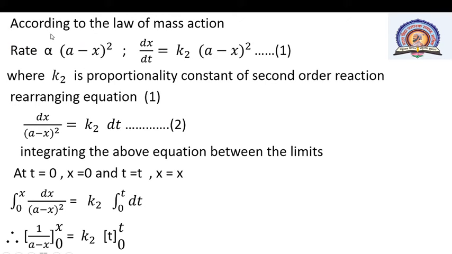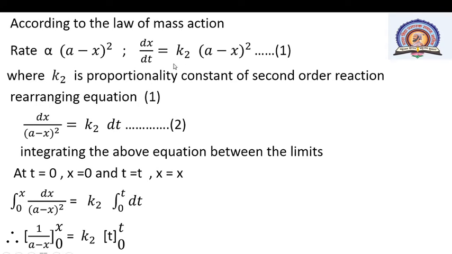According to the law of mass action, the rate of a chemical reaction at any instant is proportional to the molar concentration of the reacting substance at that instant. So rate is directly proportional to (a minus x) squared.